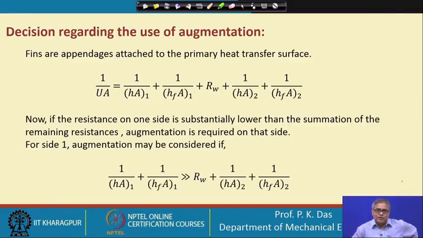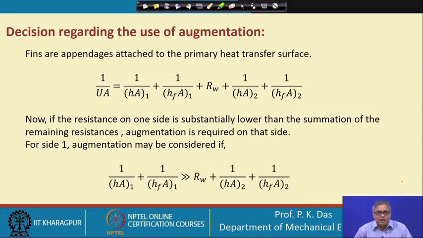One surface of the solid wall is contacted by one fluid and the other surface of the solid wall is contacted by the other fluid. Now, the augmentation or enhancement, particularly if we think of passive enhancement, we can provide on either side of the solid surface. At this point, we have to take a decision on which side we are going to provide the augmentation, or on both sides we are going to provide the augmentation.